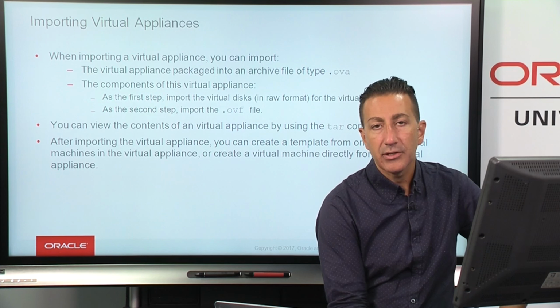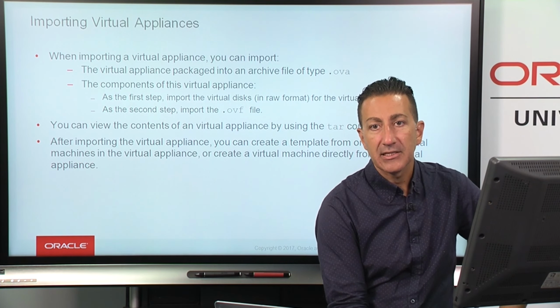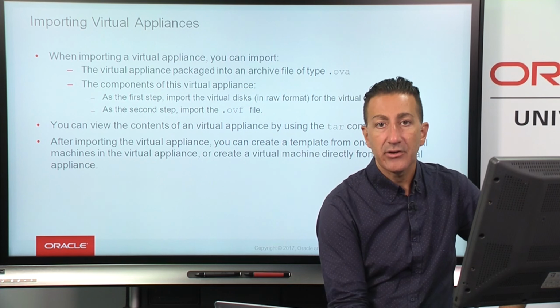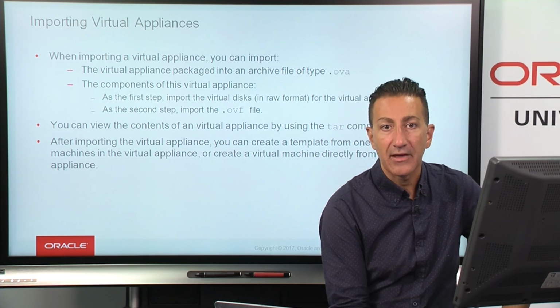You can view the contents of the virtual appliance by using the tar command. So the OVA file is much like a tar file, right? So with the tar utility, you are able to view the contents. You will see the virtual disk, the image files, or the files that contain the operating system with other extensions. And in addition to this, you should be able to view the OVF file.